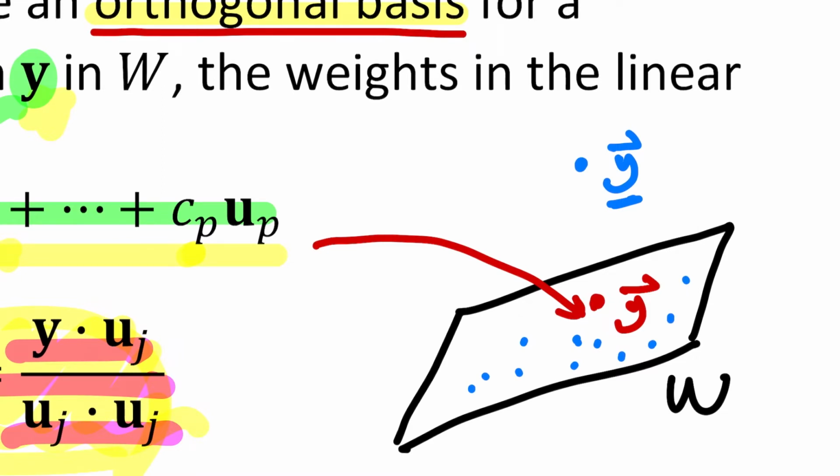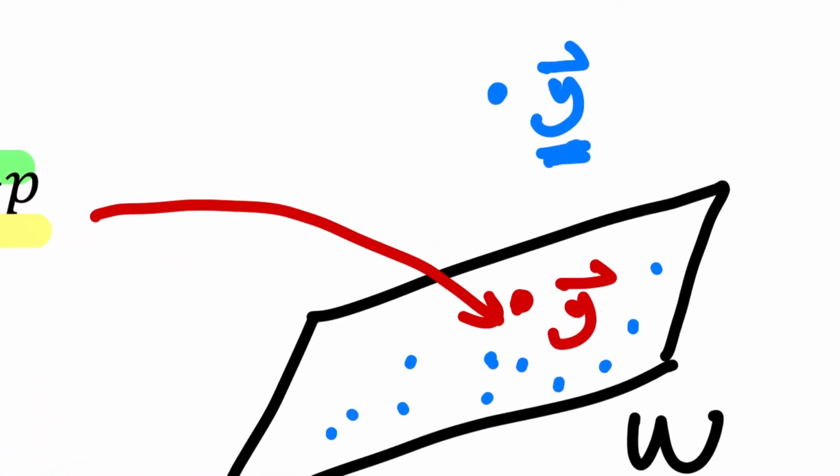But we want to approximately represent this vector y outside the subspace W. Then how can we approximately represent it on the subspace W?